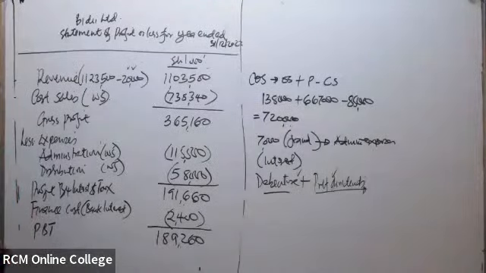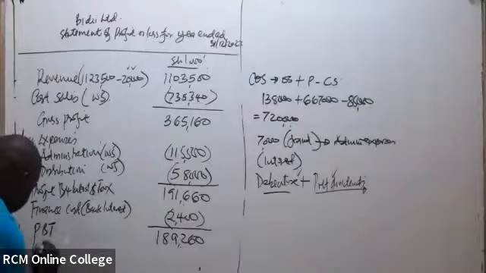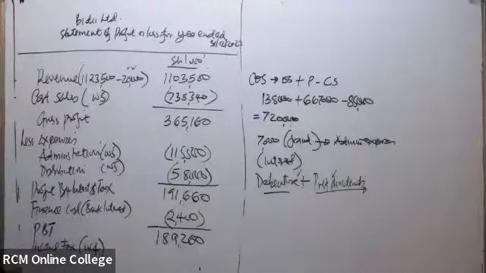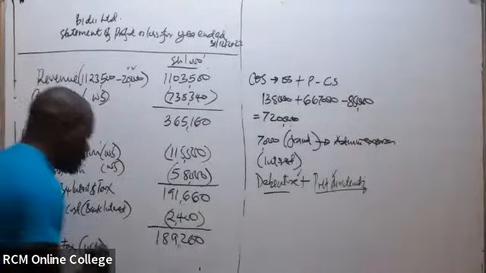Then after that, because this is before tax, we have to consider our tax. We had actually computed the income tax under working number 4, which is the last item we computed in our previous class. It was 51,600.